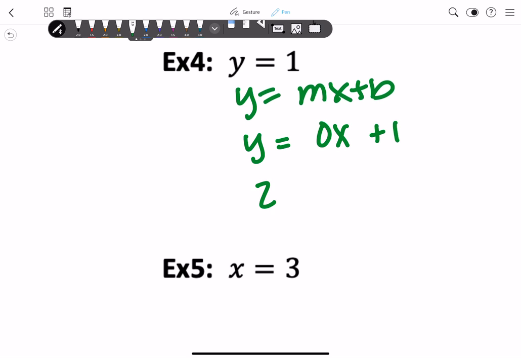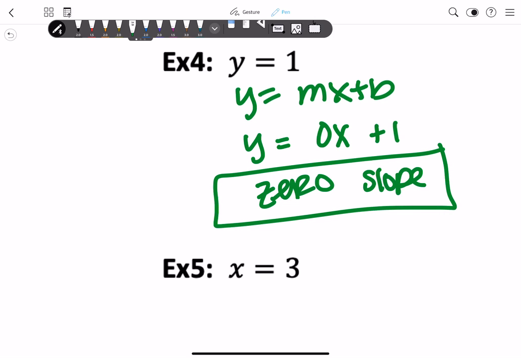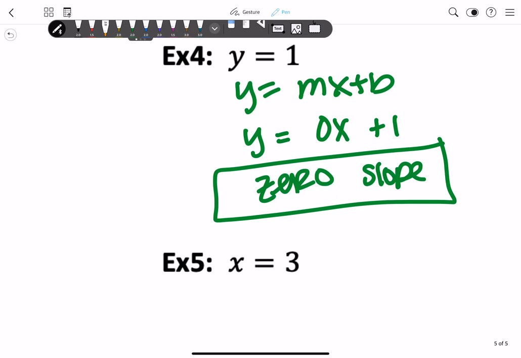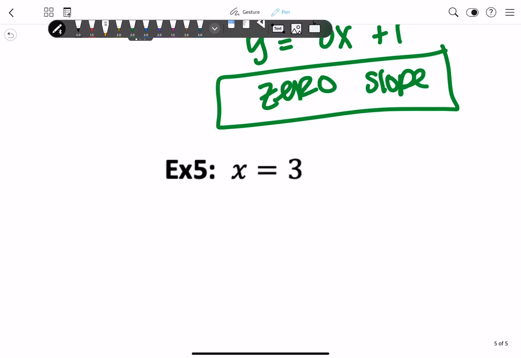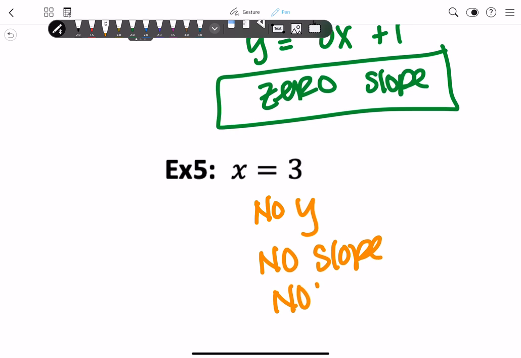And therefore, it's got a 0 slope. Now, this one, oh man, it doesn't even start with the y. Doesn't start with the y, and it doesn't even have a y. No y, no slope. And guess what? It's also not a function.